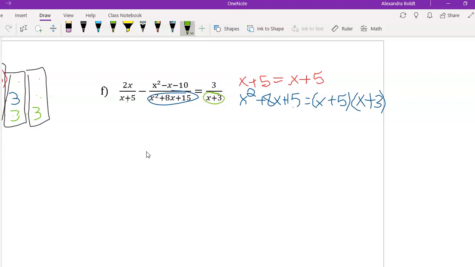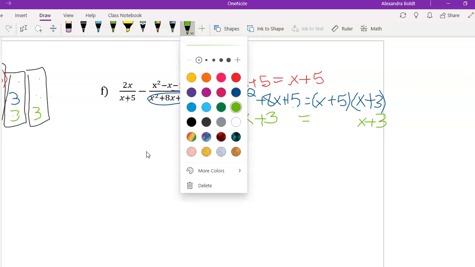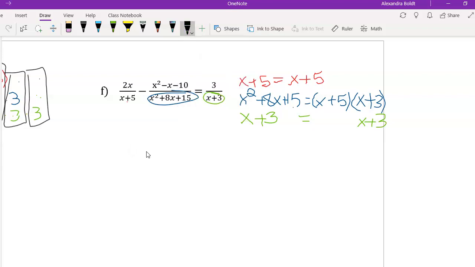X plus 3, which is just this x plus 3, right? Can't do anything with it. So now for our LCD, we have x plus 5s and x plus 3s.